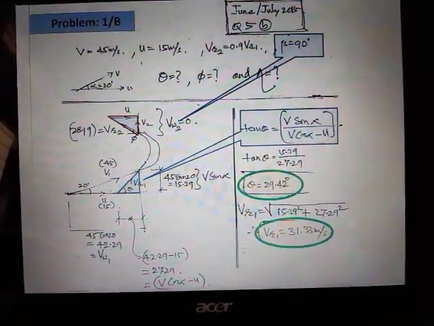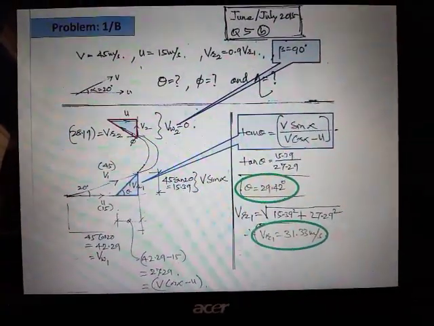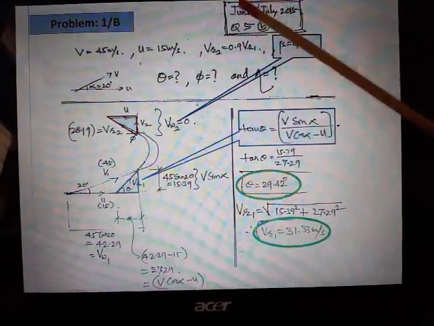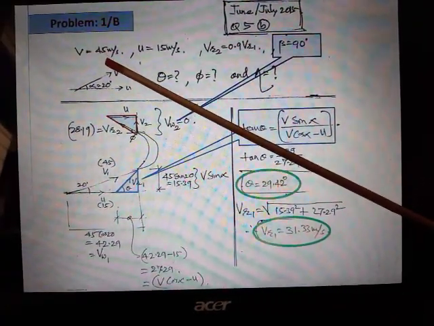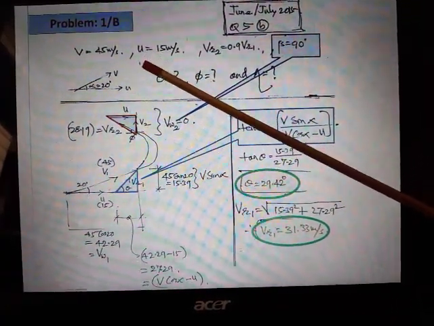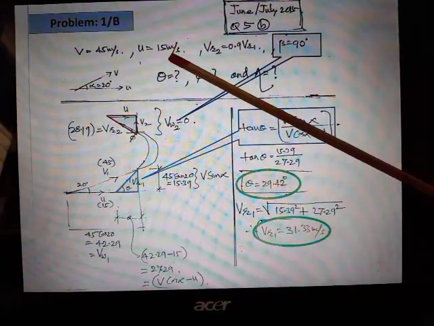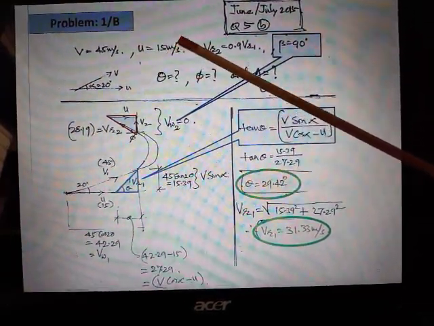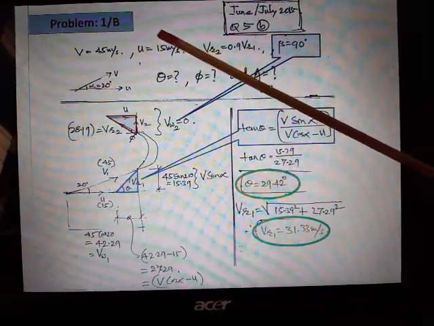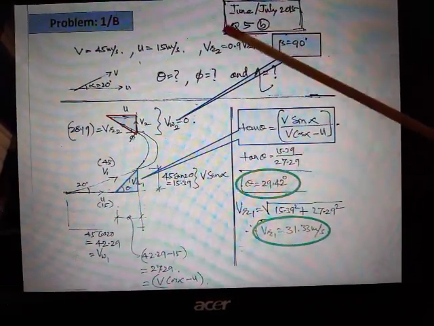So this is problem number B. This again is from an older question paper. The data given is the velocity of the jet is 45. The velocity of the vane is mentioned as U equal to 15. Because there is no mention of inlet or outlet, obviously we can assume it as tangential flow.